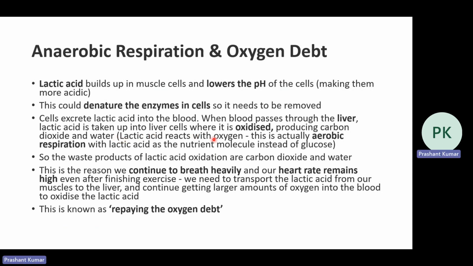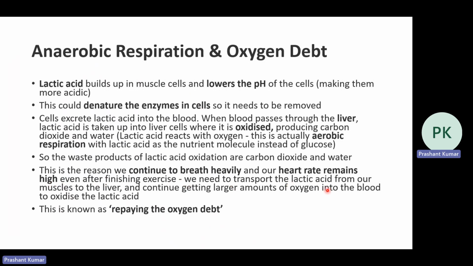Lactic acid is further combined with oxygen to produce carbon dioxide and water. So lactic acid reacts with oxygen. This is actually aerobic respiration with lactic acid as the nutrient molecule instead of glucose. This process goes on in the liver after anaerobic respiration. So the waste products of lactic acid oxidation are carbon dioxide and water. This is the reason we continue to breathe heavily and our heart rate remains higher even after finishing the exercise.